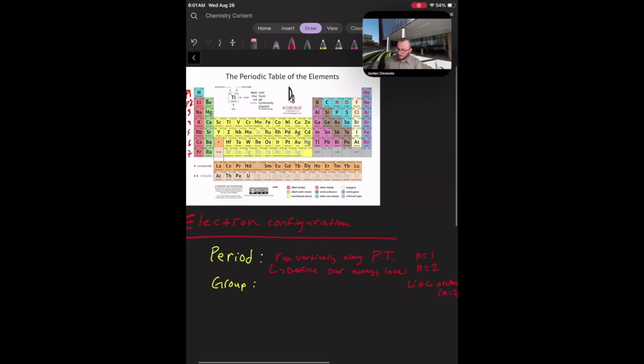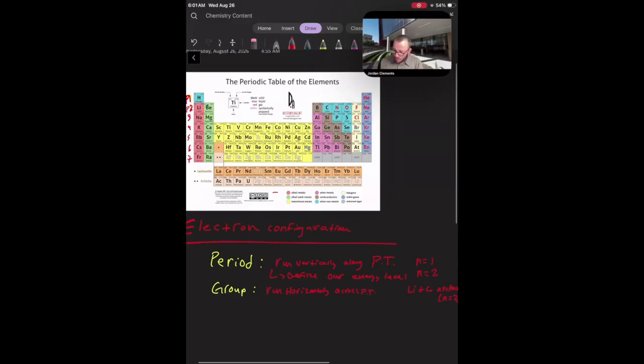And then we have groups which run horizontally across the periodic table. So hydrogen is going to be group 1, beryllium is group 2, helium is group 18, boron is group 13, and let's fill these in accordingly.